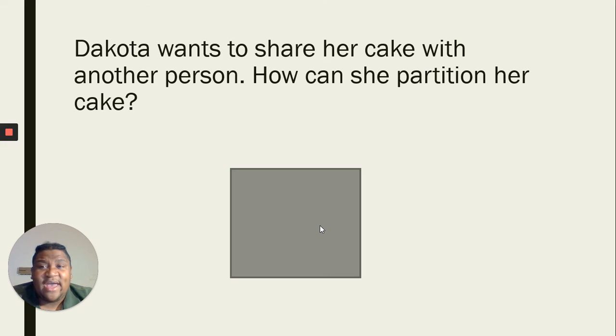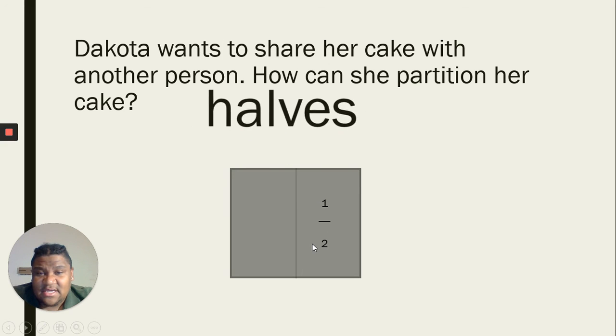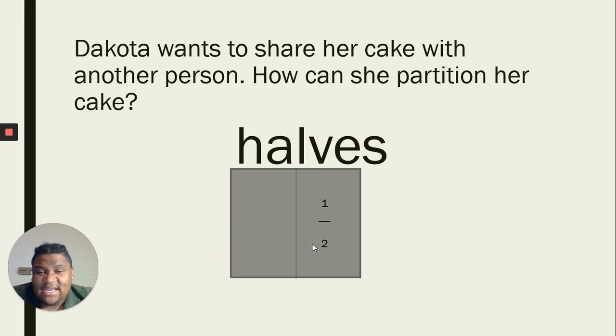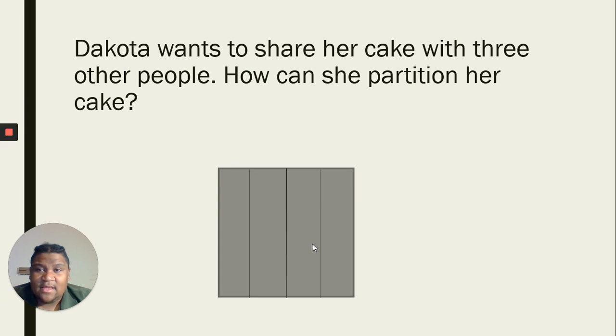Dakota wants to share her cake with another person. How can she partition her cake? Just like that. And she partitioned her cake in halves. What about this cake?